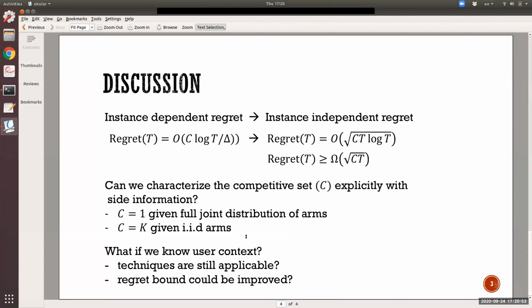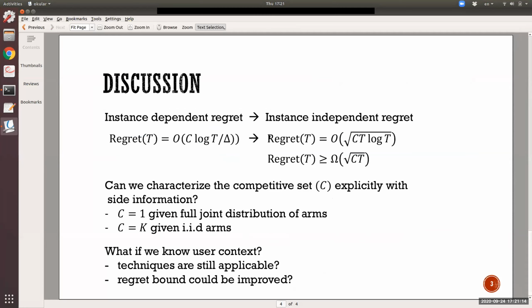For all of the theoretical results, we saw that they are about the instance dependent regret. I'm wondering, is it straightforward to extend this to instance independent regret, like the classical one?